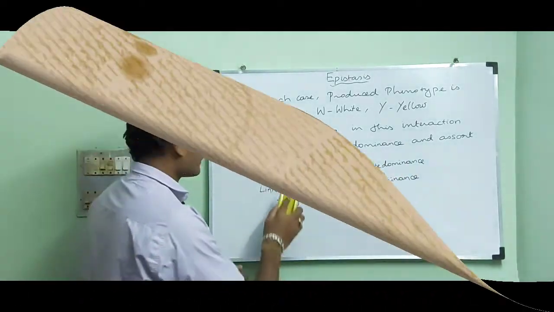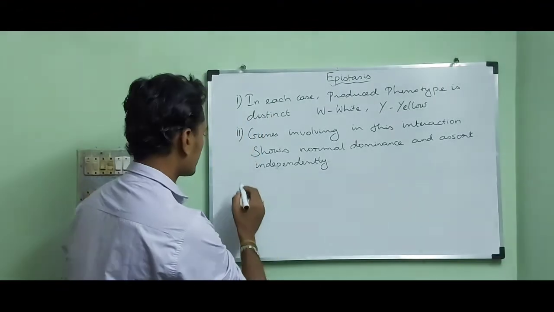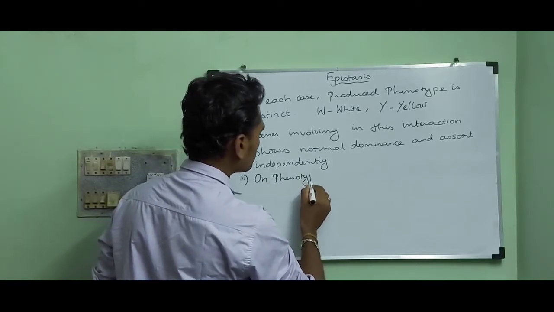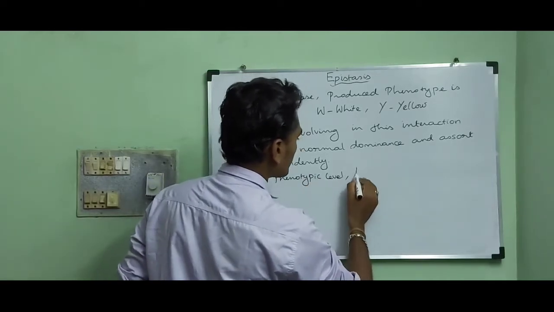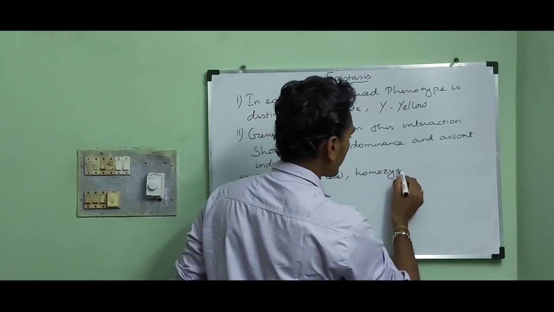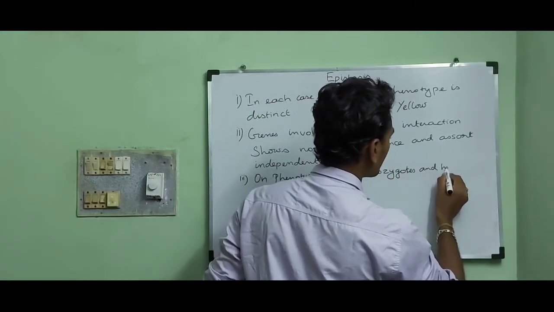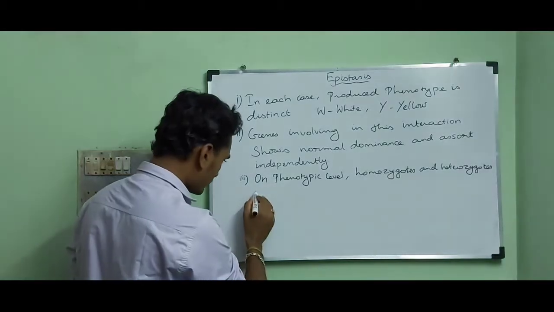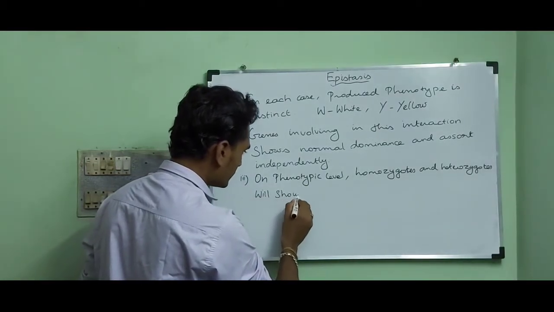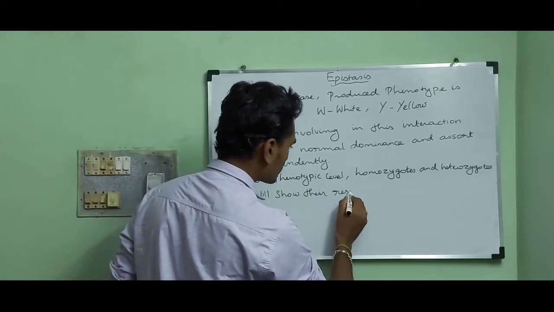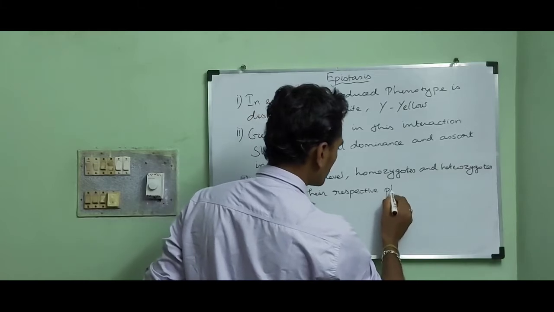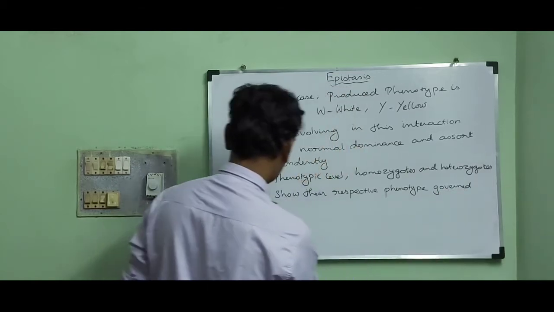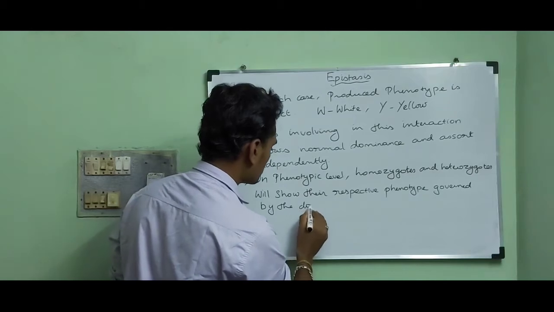Then I am going to explain the third point. The third point is, on the phenotypic level, homozygotes and heterozygotes will show their respective phenotype governed by the dominant allele.